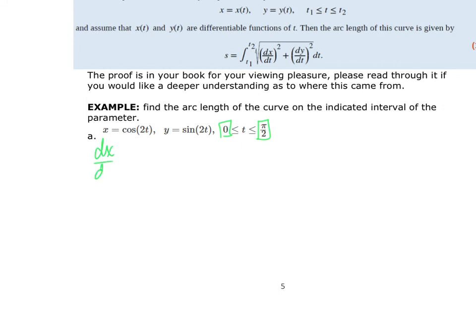My dx dt is going to be -2 the sine of 2t. My dy dt is going to be equal to 2 the cosine of 2t.